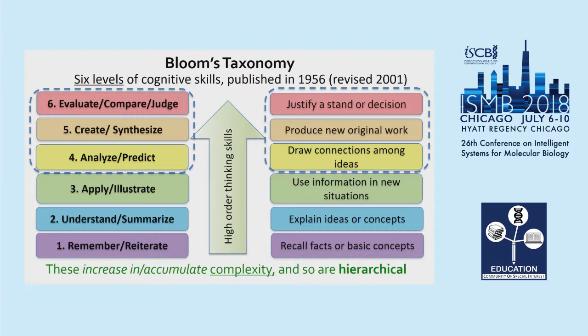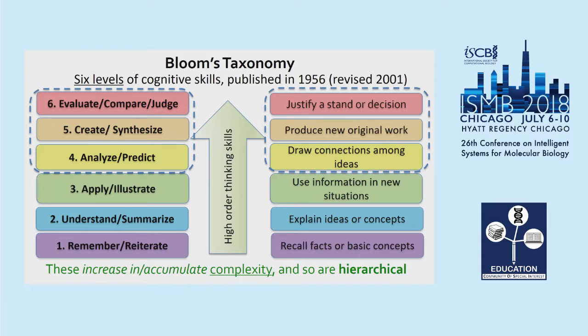But the point here is that the taxonomy is hierarchical, which means that you have to move from level 1 to level 2 to level 3, etc. In other words, you have to build the lower levels if you want to move to critical thinking.